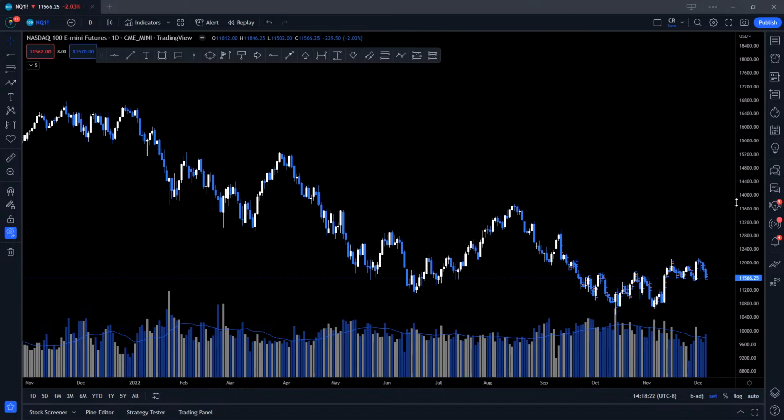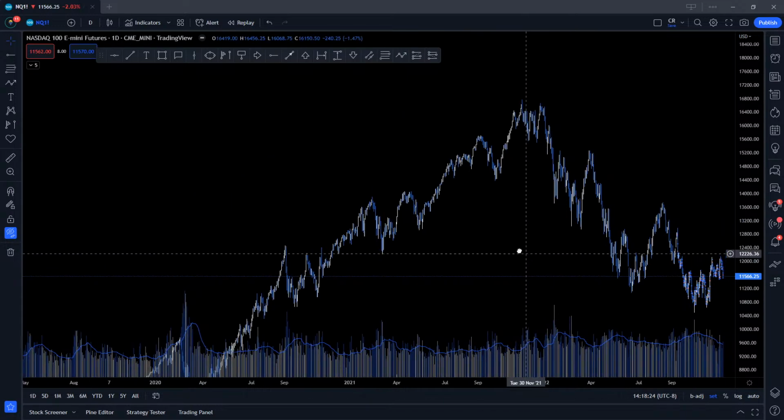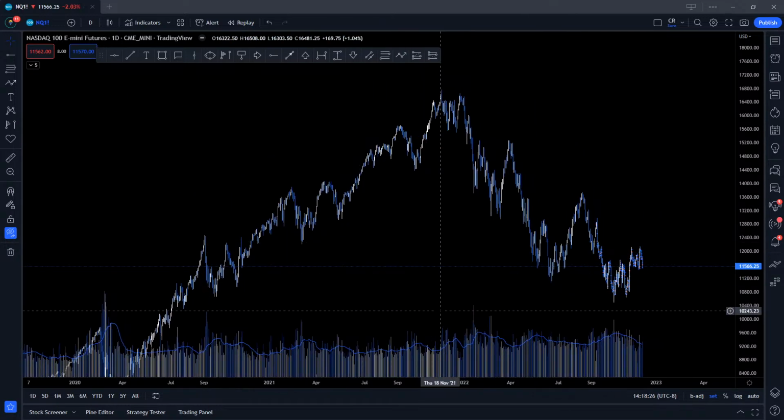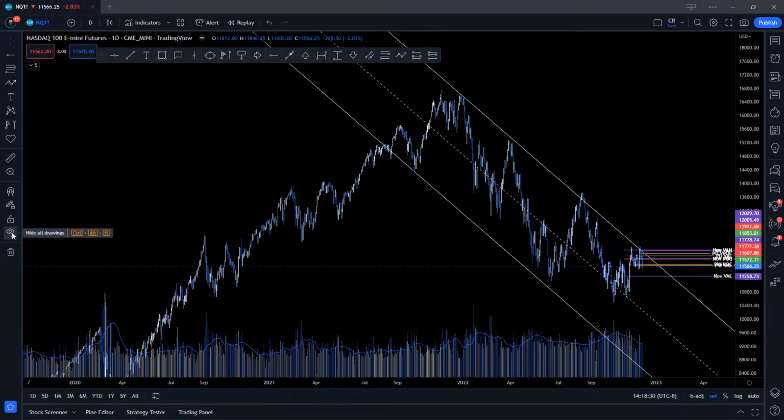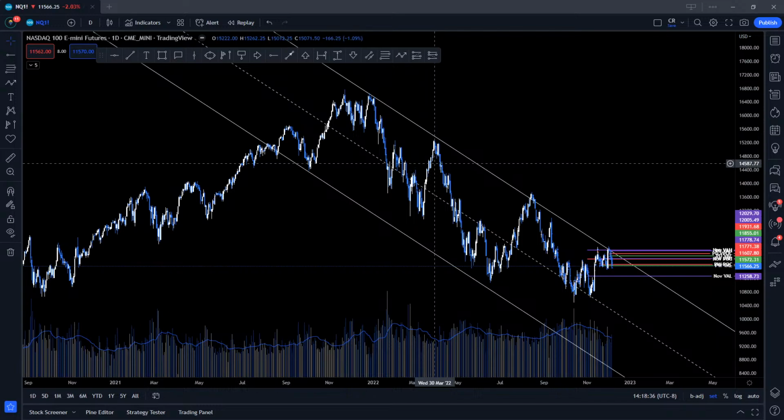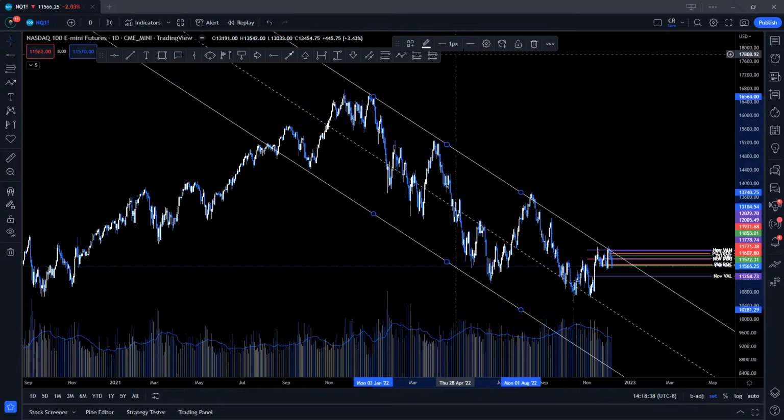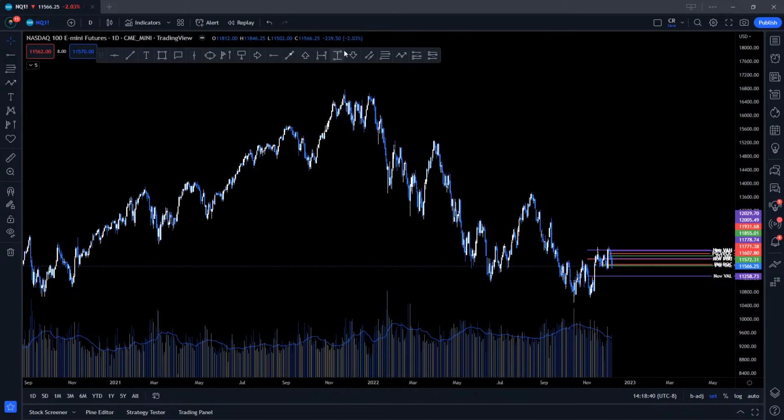Just hide all the drawings for a minute. It looks like I can probably draw a better trend line than this now. Let's see. Or parallel channel, I should say.